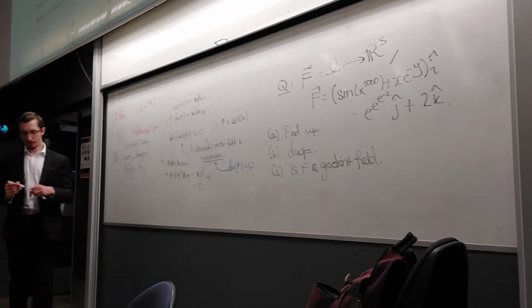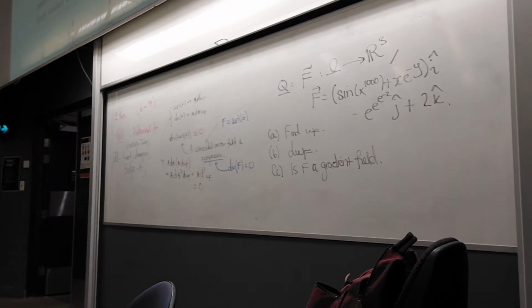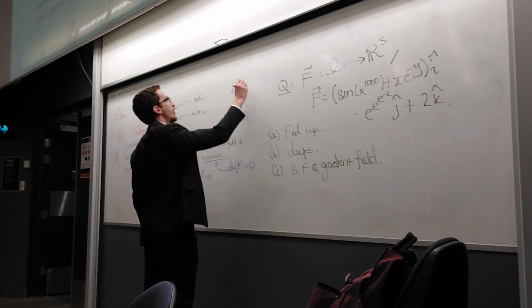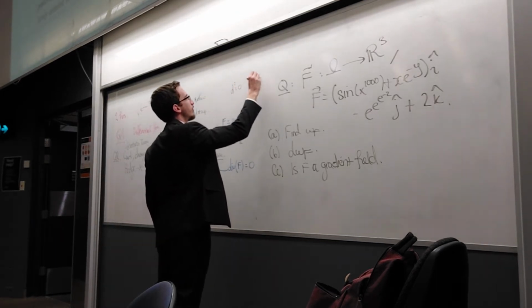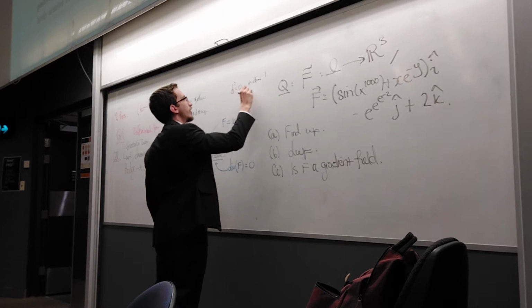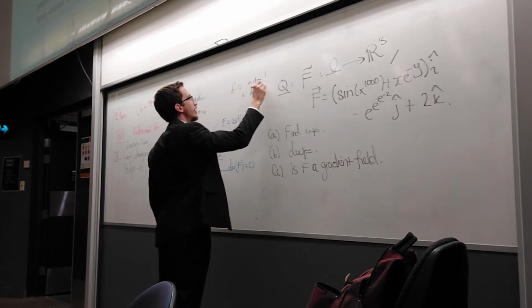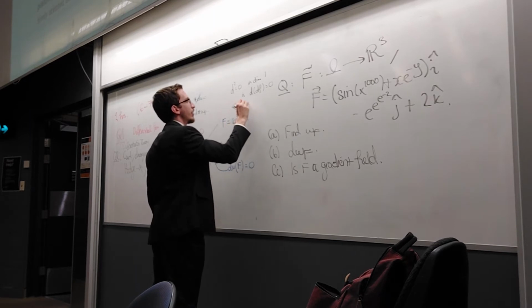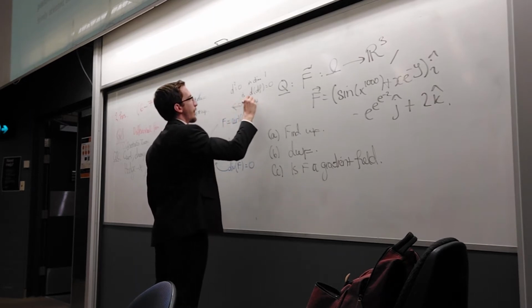What's the other manifestation of D square equal to 0? A gradient field is irrotational. So d squared equals 0 in dimension 1 is d of df is 0, but that's exactly equivalent to gradient fields are irrotational.